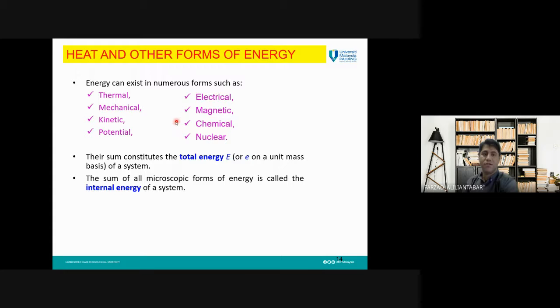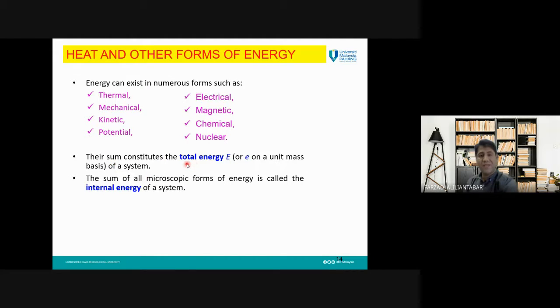These are all of the forms of energy. We have a classification for these different types of energy, and based on that, we can more easily discuss the energy in the system or the change in the energy of the system. We will see the detail for most of these energies in the next slide.